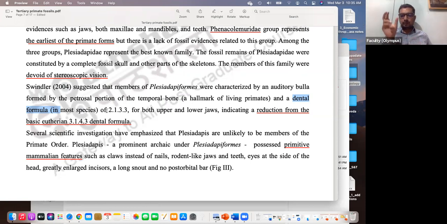I showed you this in one of the previous classes, and one of the documents I shared with you talks about it. The dental formula has slightly changed, from 2133 to 3143. It was a slight remodification of the dentition, meaning their diet and survivability were different. So we have some clues related to them, especially with respect to the Plesiadapiformes.